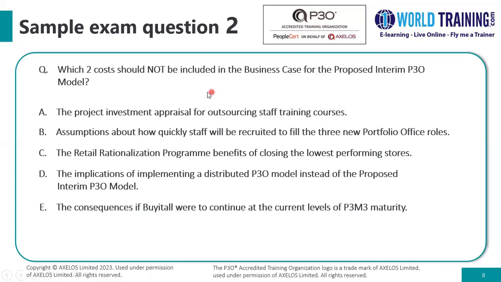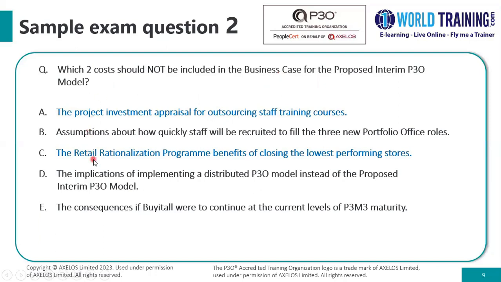The correct answer for question number 2 is options A and C. Option A is correct because this should appear in the business case for a particular project. In this example, there is a project in the scenario called training staff members. So that would be a cost that would go into that project's cost, and it would not go into the business case for the proposed interim P3O model.